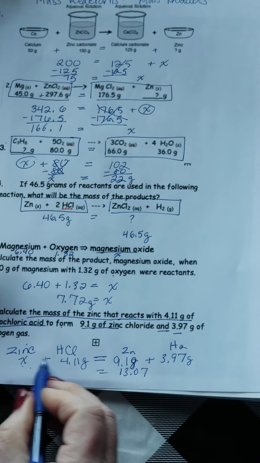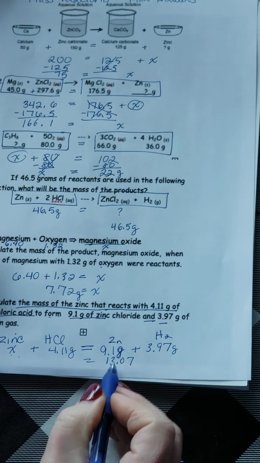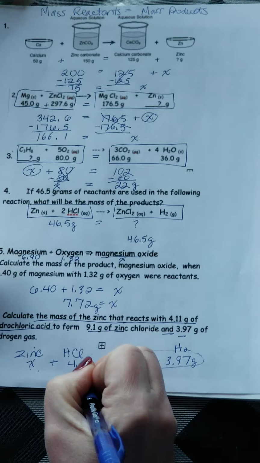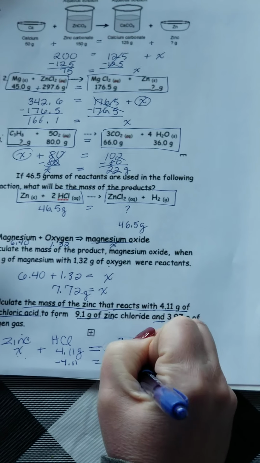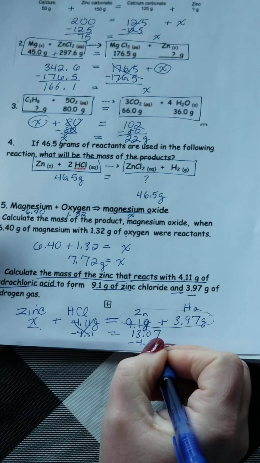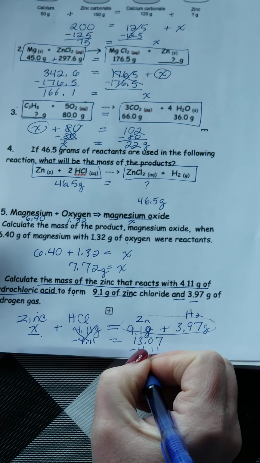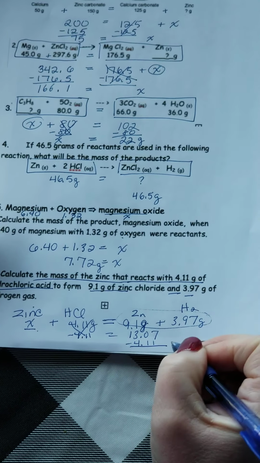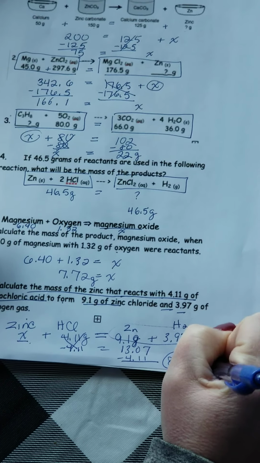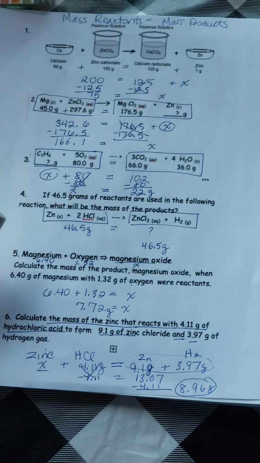So x plus 4.11 equals 13.07. Now I can subtract 4.11 from both sides. It'll cancel out, and I'll get x equals 13.07 minus 4.11, and that's a total of 8.96, and again, grams. Final answer.